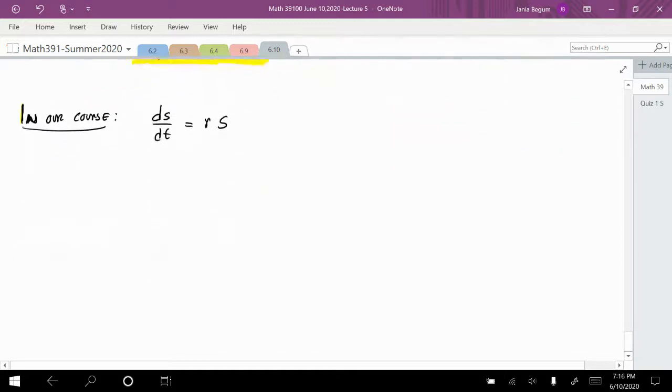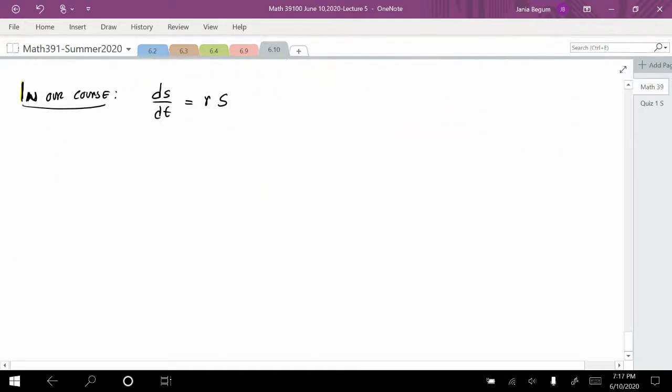How do you solve this differential equation? Which method do we apply? Separable. So we want to find the solution to this, and this is separable. So we're going to go ahead and use the separation of variables.